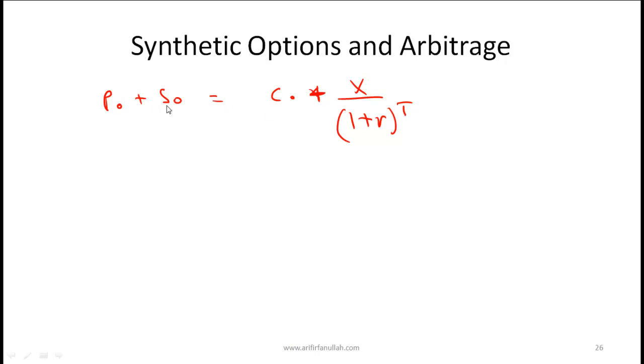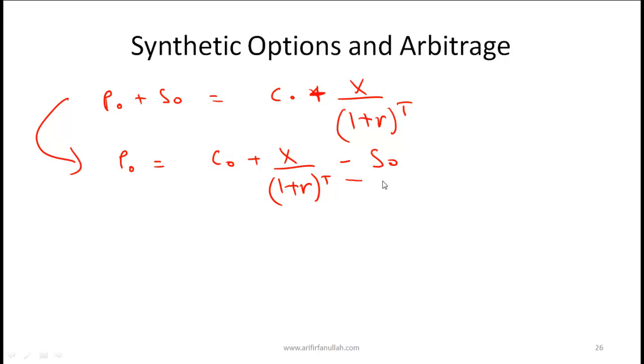Based on this, what we can do is create something called a synthetic option. A synthetic put option, for example, can be created by saying that we have a call option plus the zero coupon bond and minus S naught. We've simply taken this equation and used some simple algebra to move S naught to the right side, and when we move S naught to the right side of the equal sign, it becomes negative. What does negative mean?